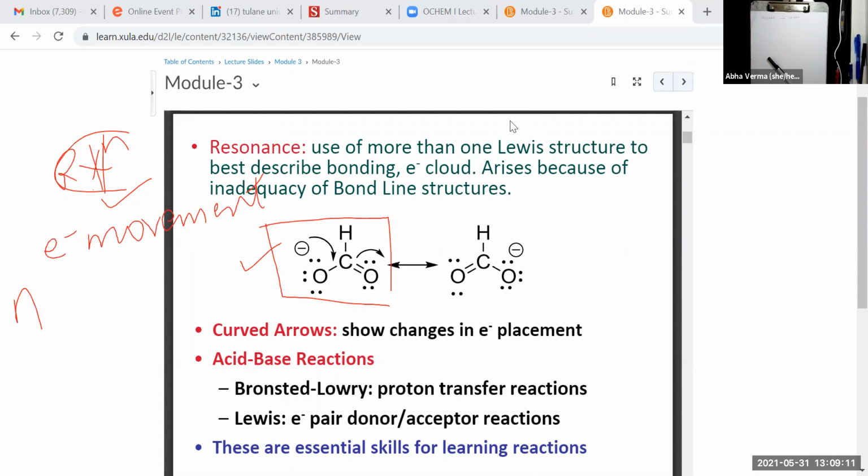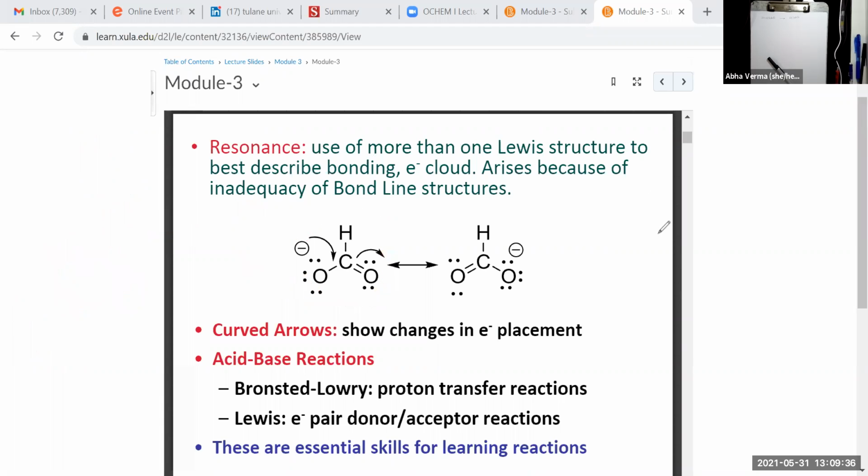So in reactions, there are 2 structures involved. One attacks, the other gets attacked. That's the electron movement. But in resonance, the electron movement is within that structure. Now, there are certain rules that we will have to follow when we do resonance, but we will look at those as we go.